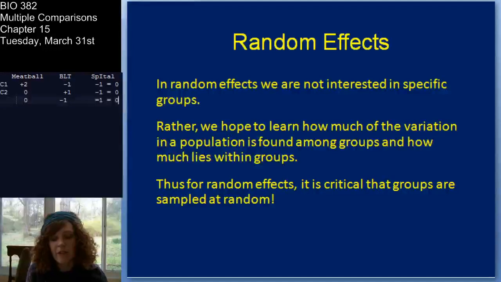But for random effects, that's why randomization is so important, because you're trying to understand and evaluate how much variation is among the groups versus within the groups, your ANOVA, right? So when you see people talk about random effects versus fixed effects, that's what they're talking about.